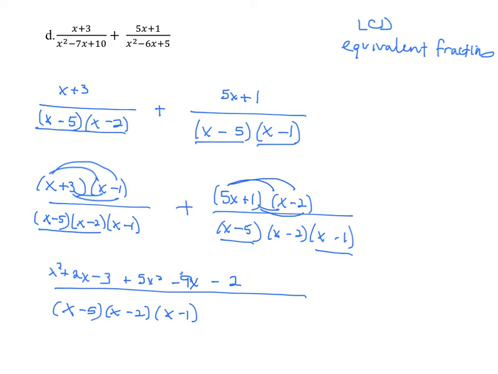Cool? All right, now let's combine like terms on the top. And we have x squared plus 5x squared is 6x squared. 2x, take away 9x, is minus 7x. Negative 3, take away 2 is a negative 5. And the denominator is x minus 5, x minus 2, and x minus 1. So I added the numerators up.